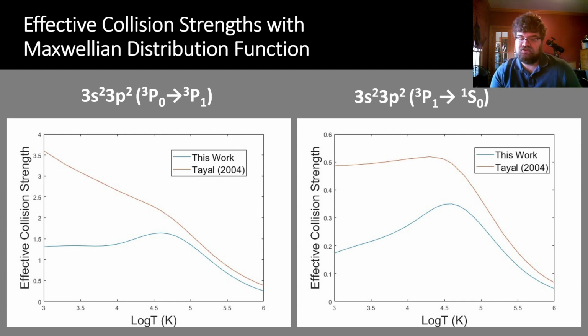Whereas before, collision strength detailed the probability that an excitation occurs as a function of electron energy, now these effective collision strengths give the rate at which we expect to see those for a given temperature within the plasma. So as you can see here, we compare our results to those from the literature values, Tayal 2004. You can see some fairly substantial differences between the two.